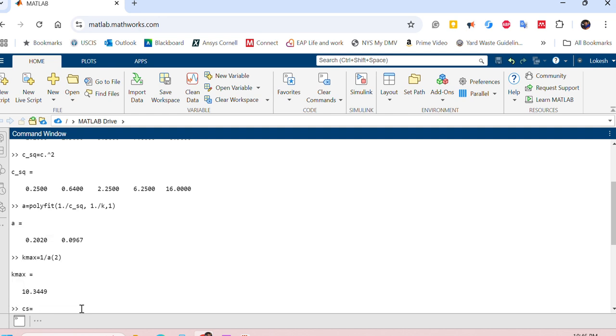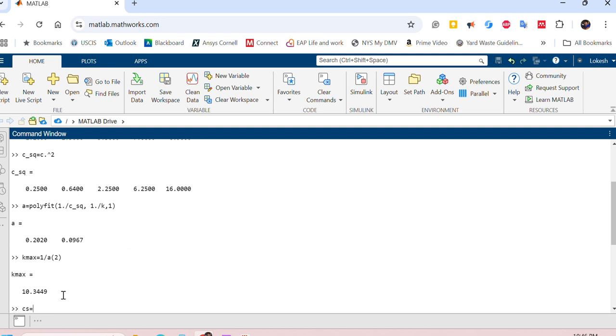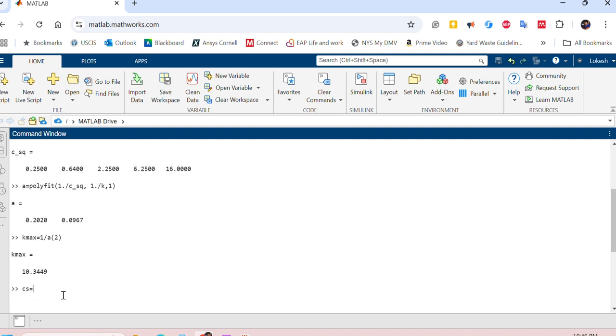My cs is going to be my predicted value there, whatever my k max was, and this cs value is basically just cs divided by k max. So this k max is already divided, it's taken as 1 by that.